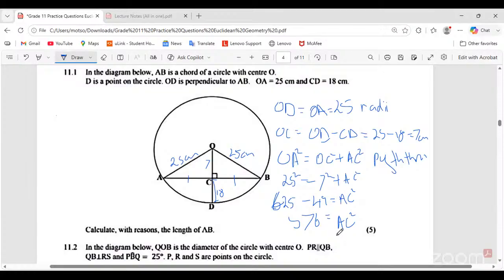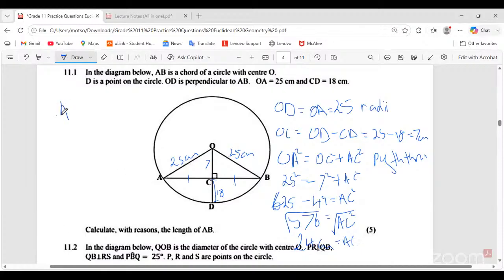We want AC, not AC squared. We'll put the square root of 576. Then AC is equal to 24 centimeters. That is AC.